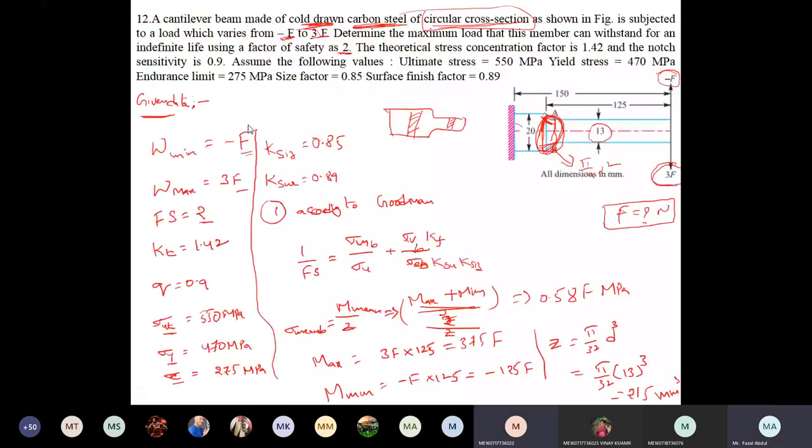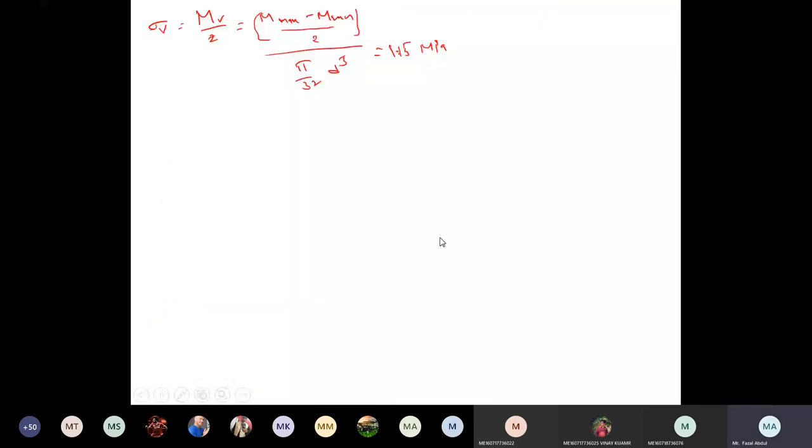Now what do we require in this equation? Mean bending, variable bending we calculated, Kf value we require. So what is the procedure for Kf? In the given data, notch sensitivity is given. Notch sensitivity q equals (Kf minus 1) by (Kt minus 1).